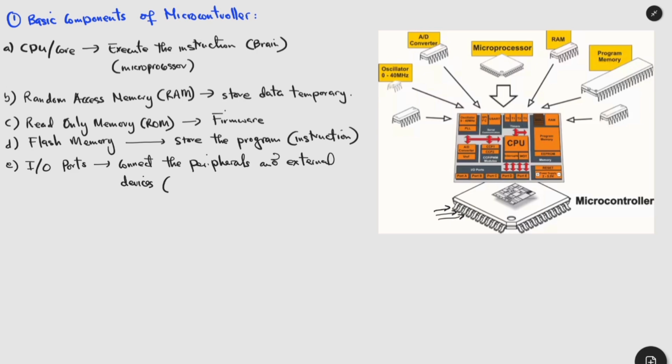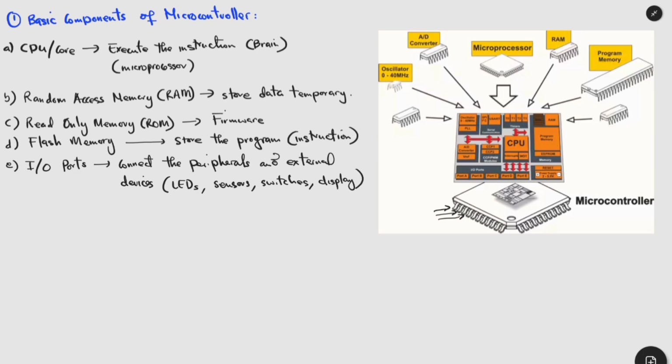And those external devices or peripherals can be light emitting diodes, some sensors, some switches, displays, and so on.